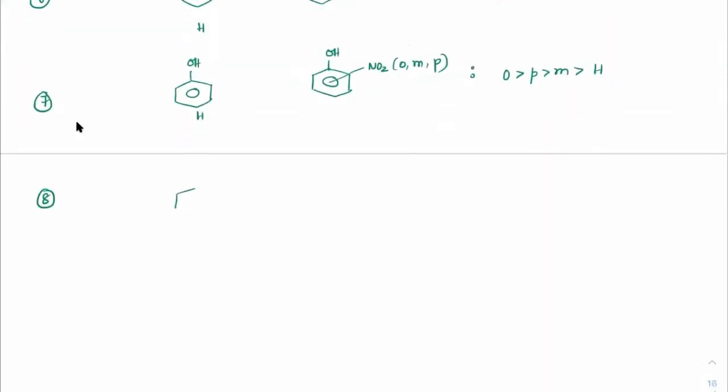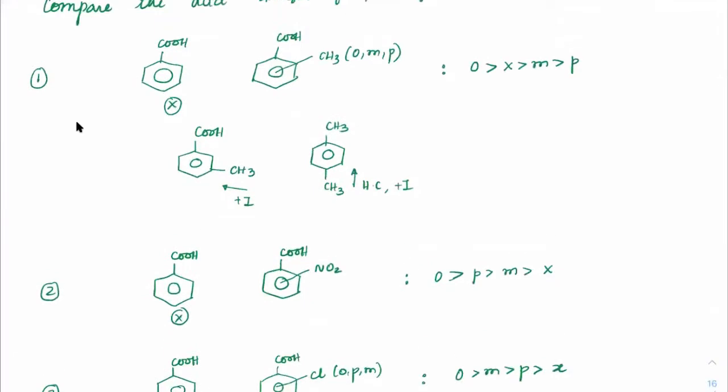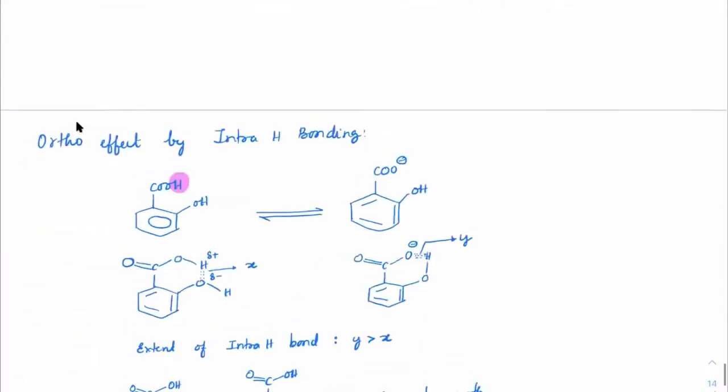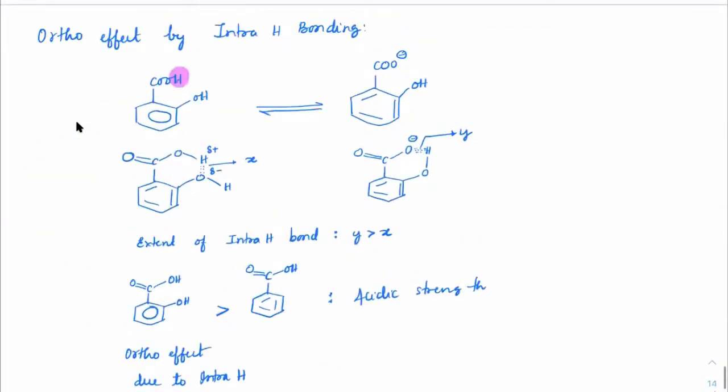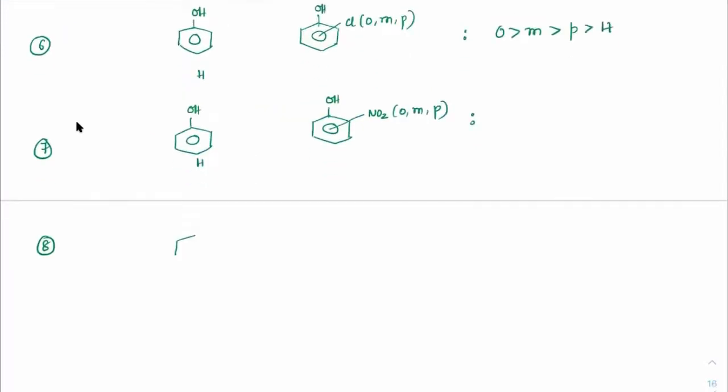So what should be the order now? You haven't given a deep thought on it. When I did hydrogen bonding, I told you it is not the first hydrogen bonding, it is the second hydrogen bonding which is influential. Would there be any second hydrogen bonding with phenol? So tell me the order now. Para, ortho, meta, and hydrogen. Clear?